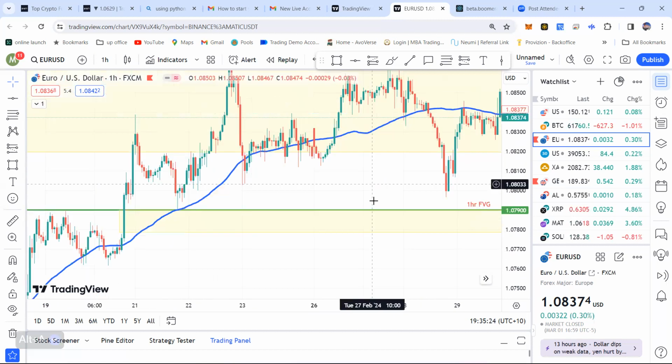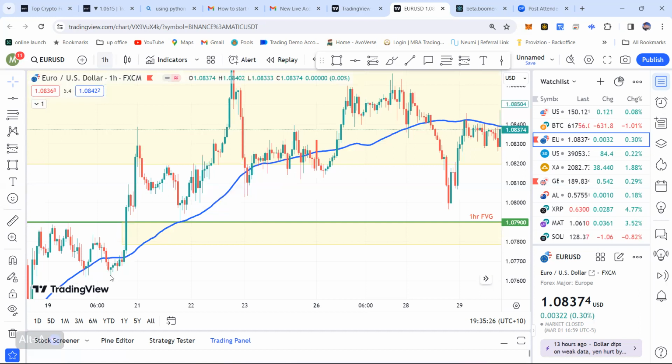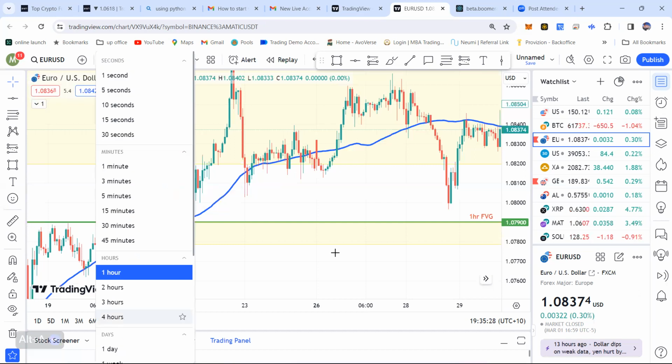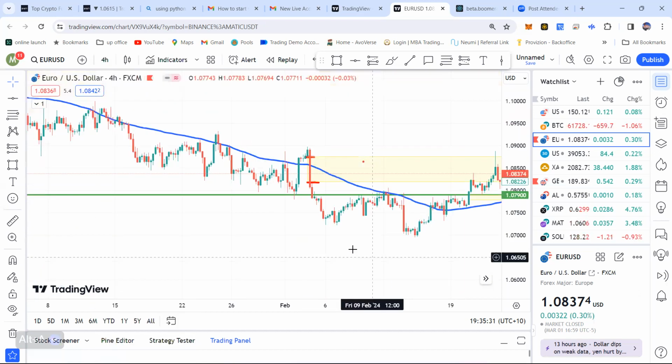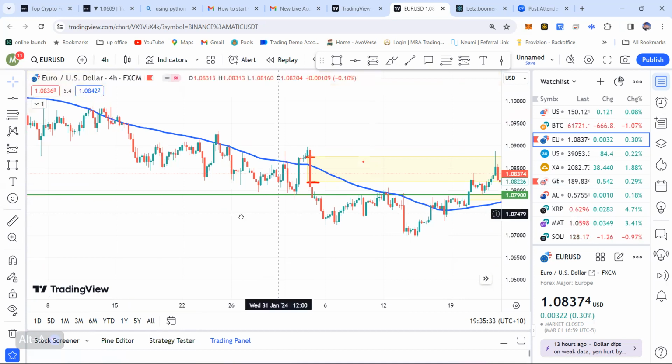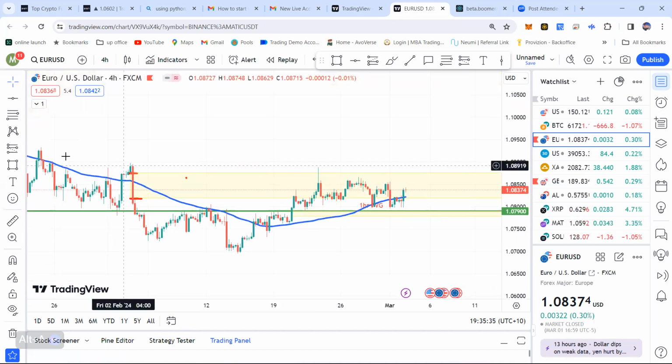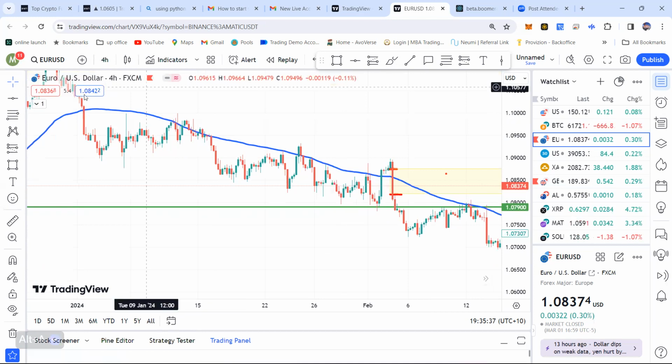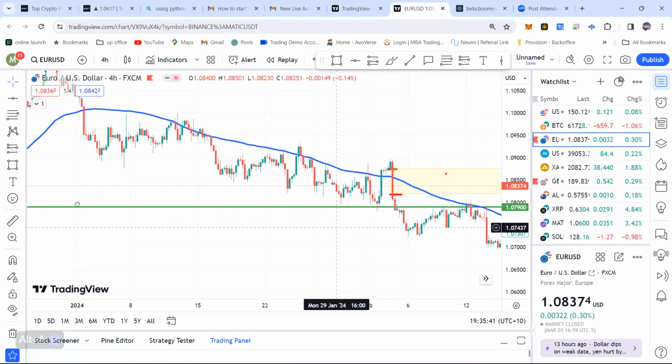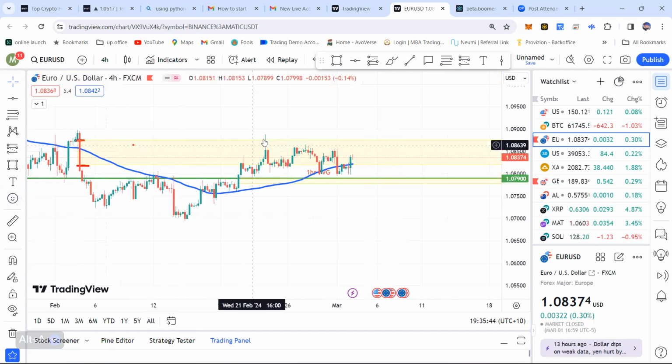So if I just jump back to the 4 hour. And you know how we were saying it's a nice downtrend, we've got lower highs all the way down. But just now we've actually formed a higher high to mitigate that 4 hour fair value gap.